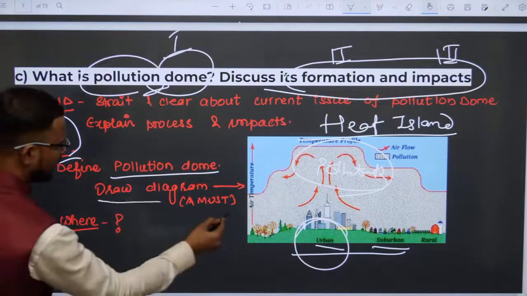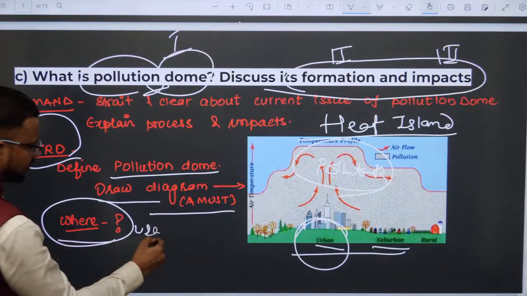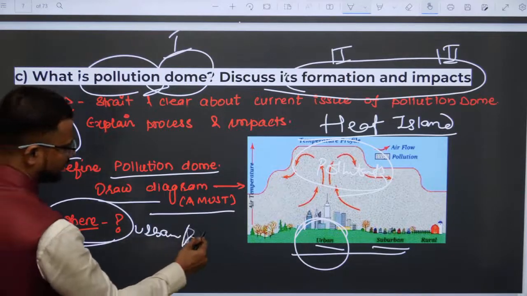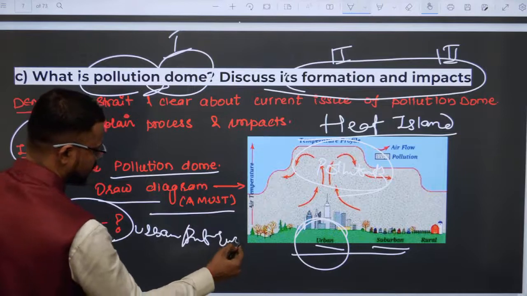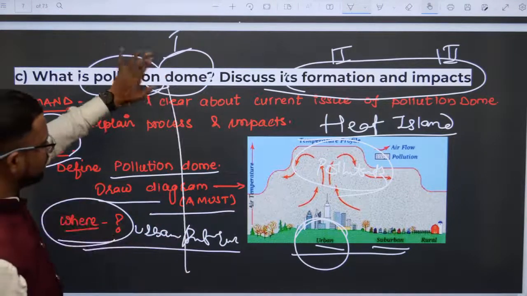So you can write, you have to draw a diagram, and where you will find it is in urban region. Write it as urban, suburban region, sometimes in rural areas also. ठीक है, so urban, suburban region, and in rural areas also you will find this phenomenon.